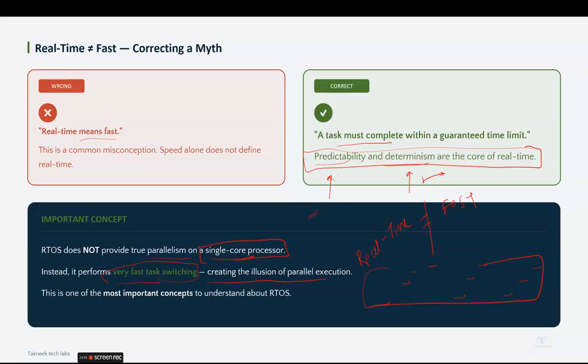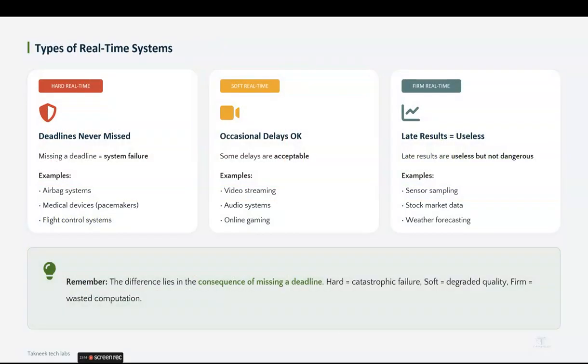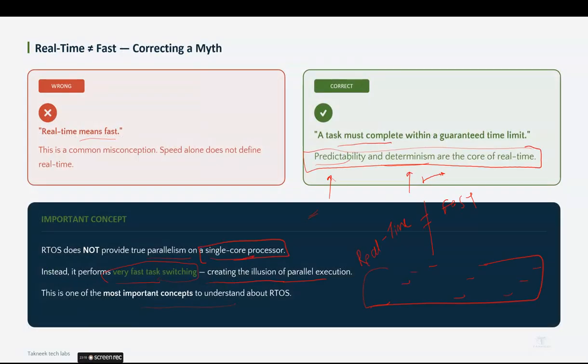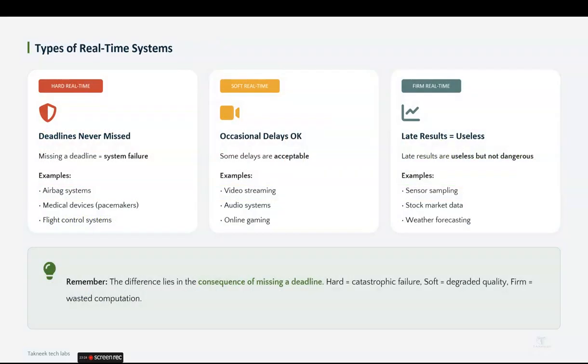On dual core or multi-core, things are different. This is one of the most important concepts to understand about RTOS. So it's not fast, it's predictable and deterministic.